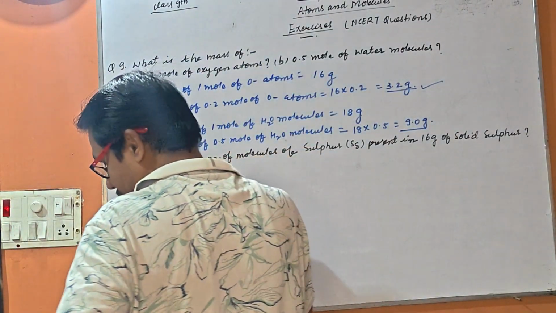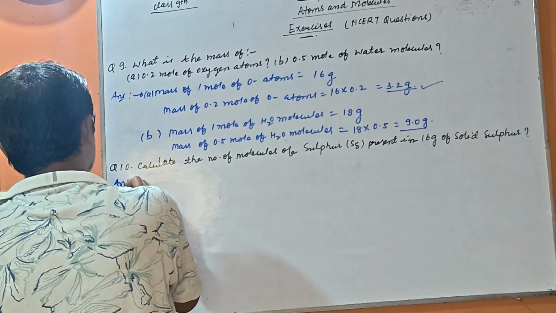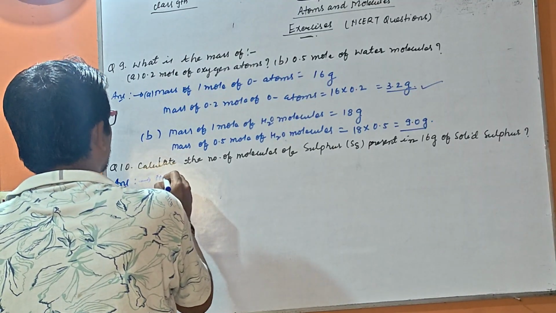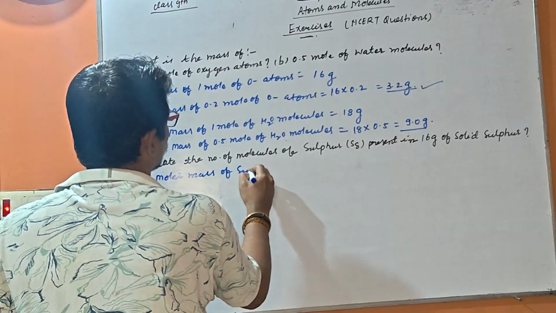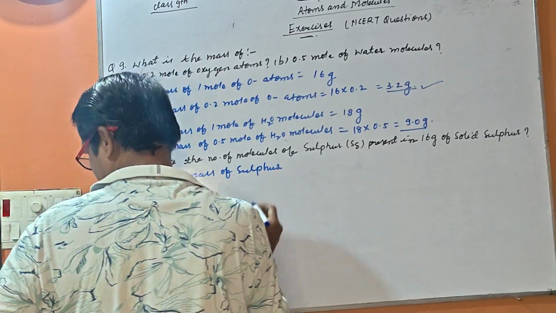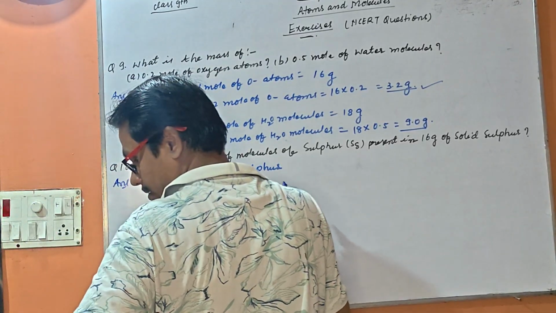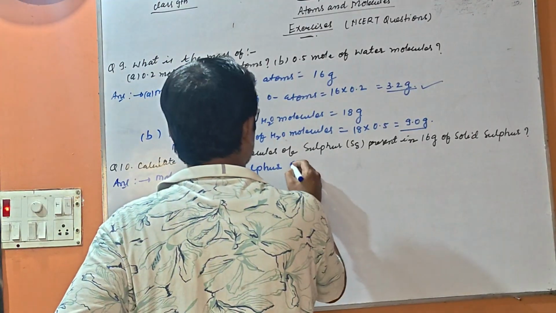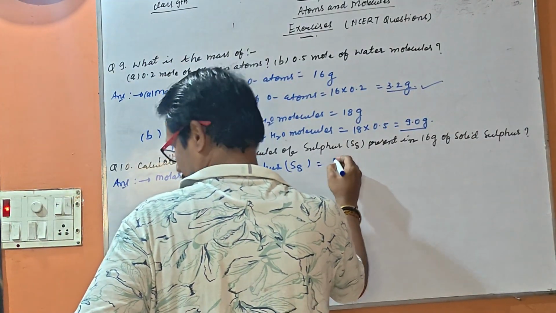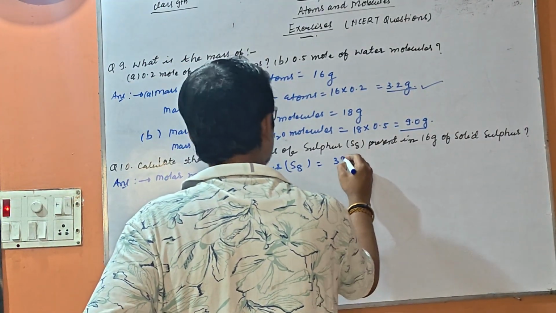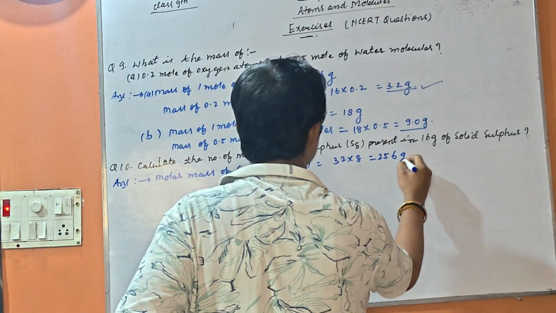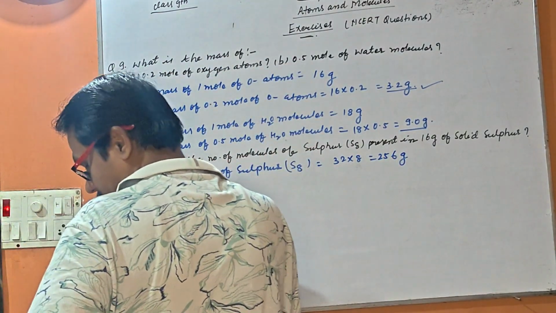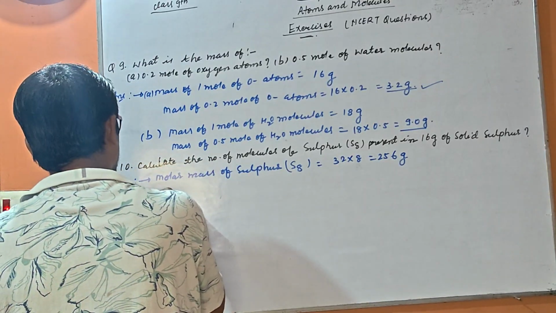So first we have to calculate the molar mass of sulfur S8, which is equal to 32 into 8, which is 256. After that we have to calculate the number of S8 molecules.